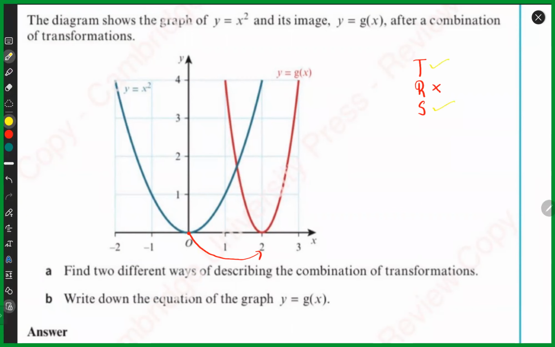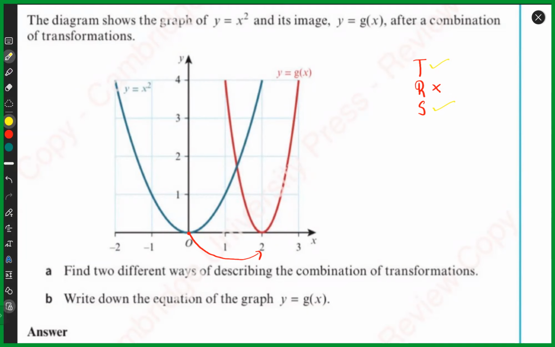Now find two different ways of describing the combination of transformations. So this basically means that you can use two different things and you would be able to get the red graph.